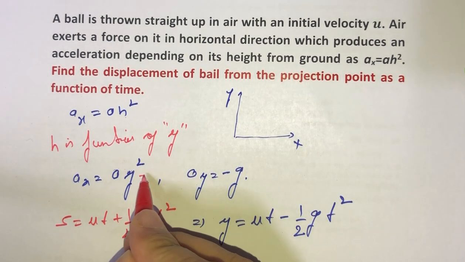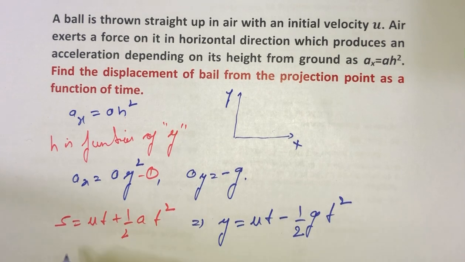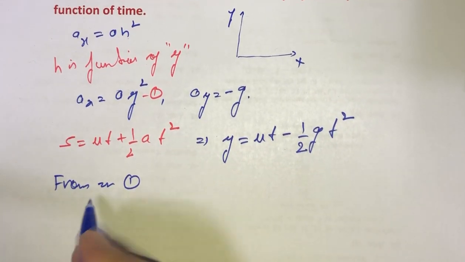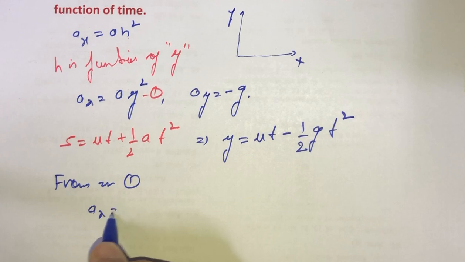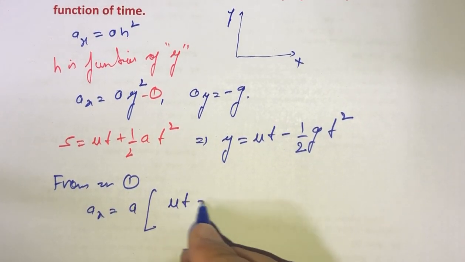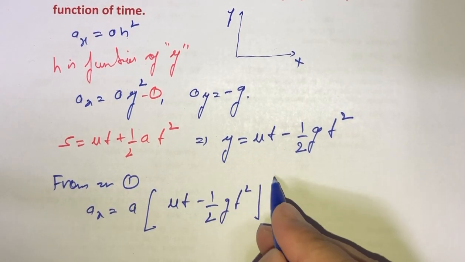Let us call this equation 1. If we substitute the value of y from equation 1, we can write that a of x will be equal to a times ut minus half gt square, whole square.